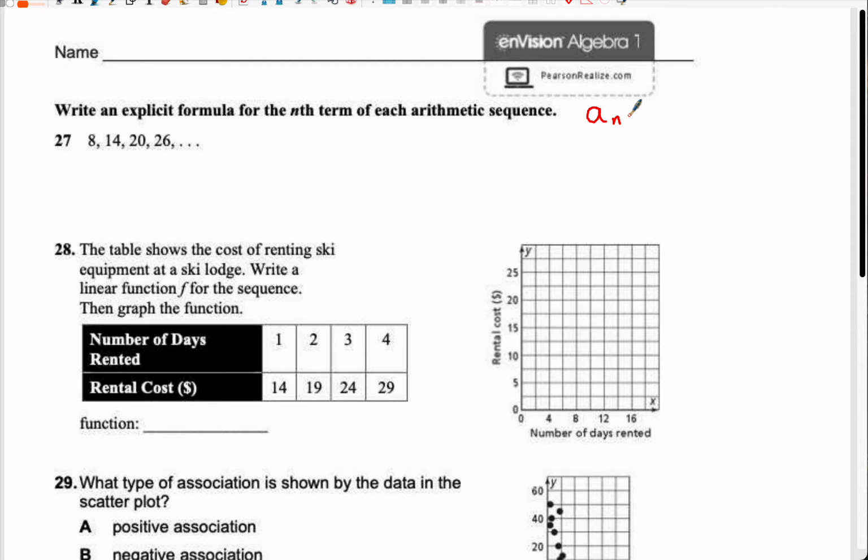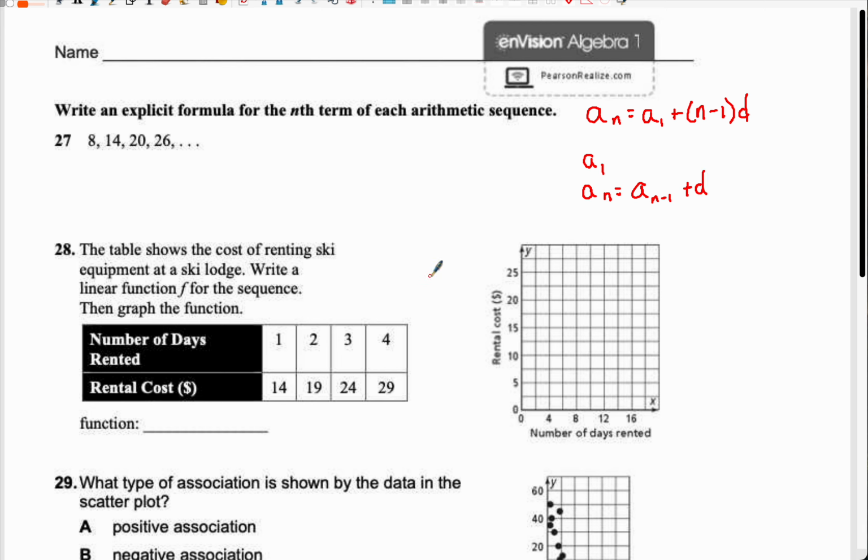This is the explicit formula: a sub n equals a sub 1 plus n minus 1 times d. That's explicit. For recursive, you have to list the a1 value, and then say a sub n equals a sub n minus 1 plus d.